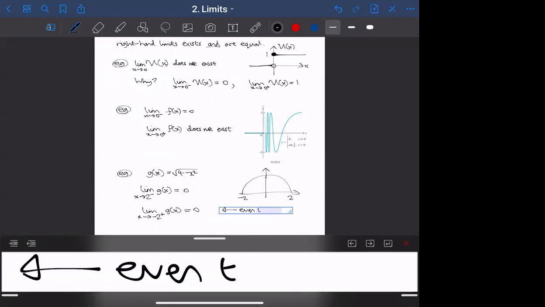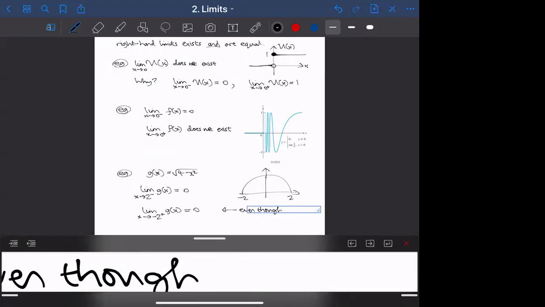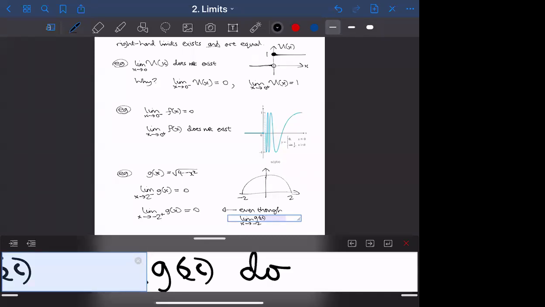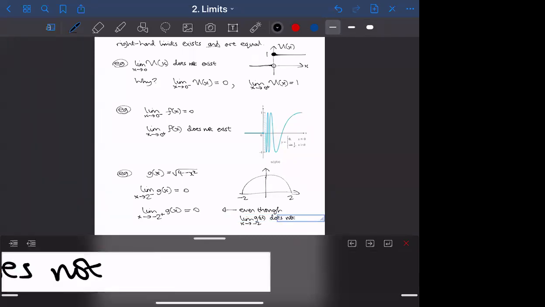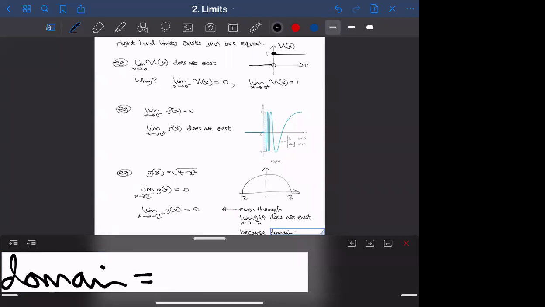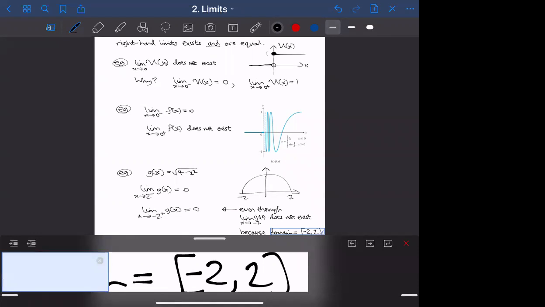So even though the limit as x goes to minus 2 of g(x) does not exist, and why? Well, because the domain is equal to the interval minus 2 to 2.